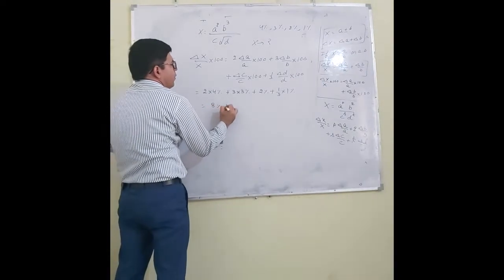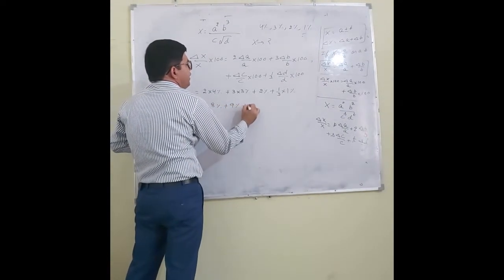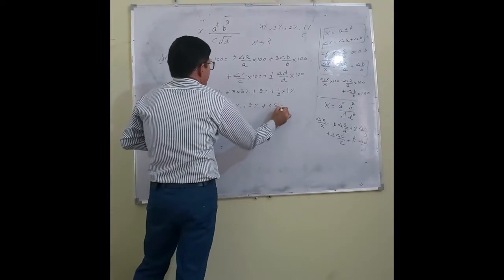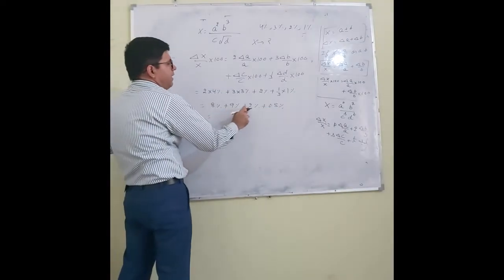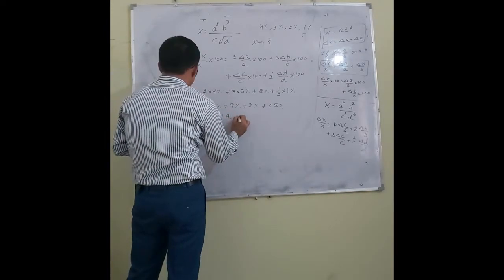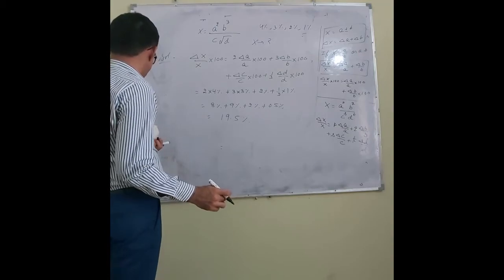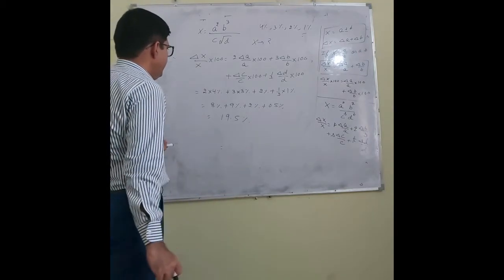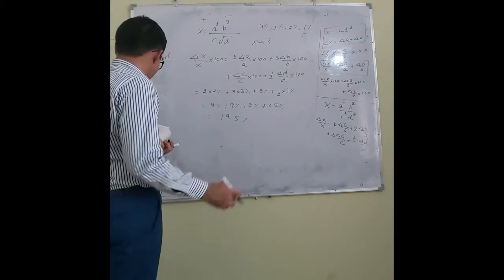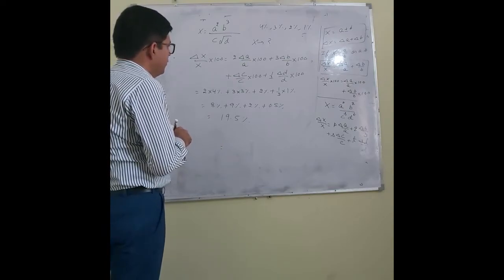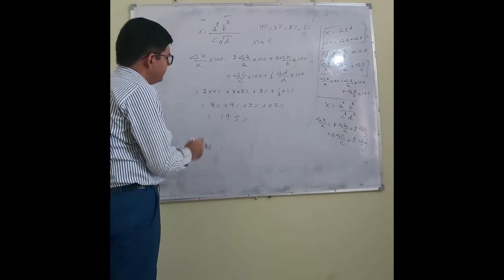So 8% plus 9% plus 2% plus 0.5%. 17, 19, so 19.5% is the answer, right?